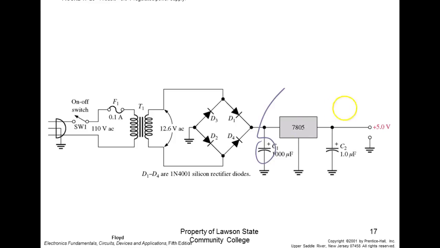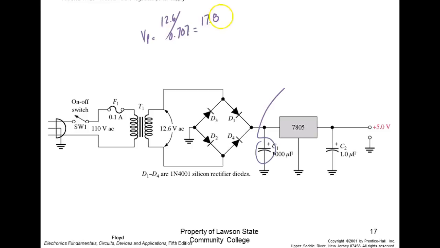So let's calculate what this guy right here is going to have to drop. So I'll come over here and I'll say V peak would be equal to 12.6 divided by 0.707. What's that? 17.8.